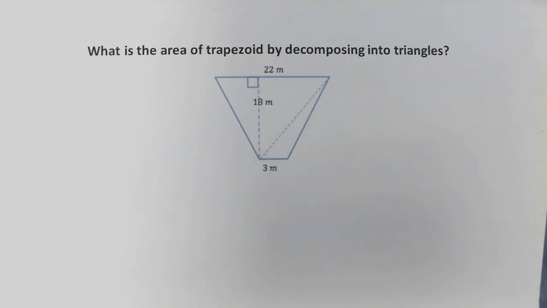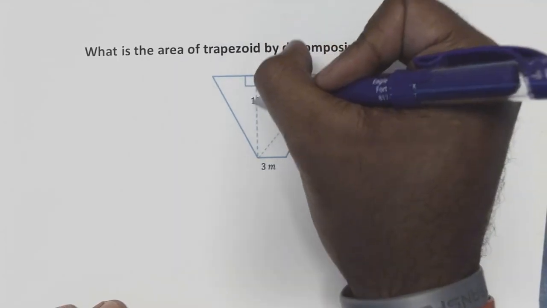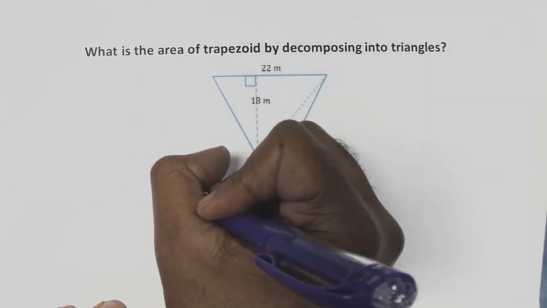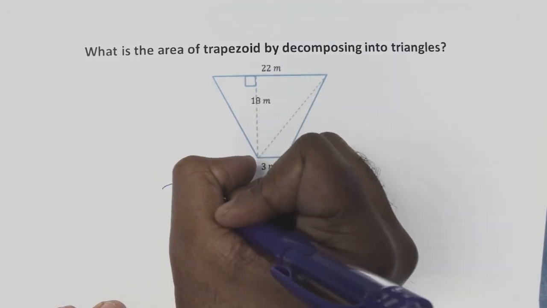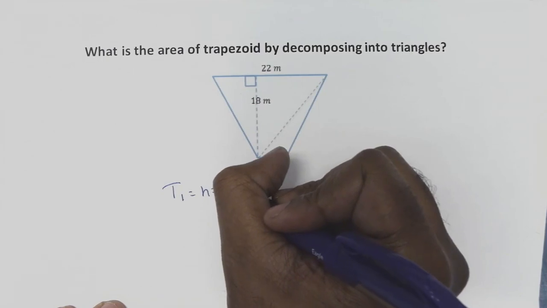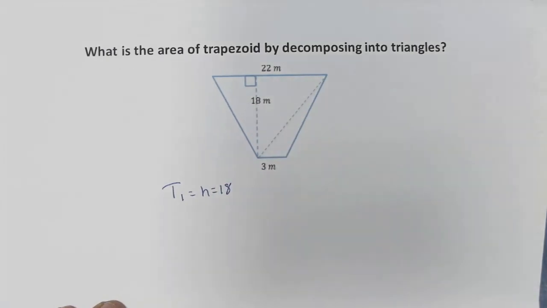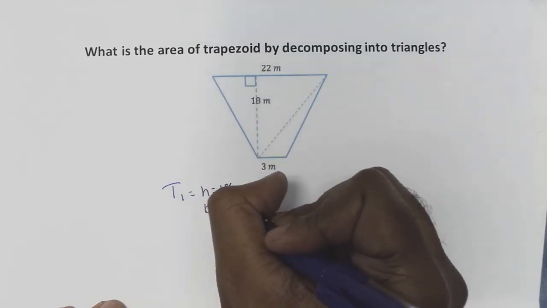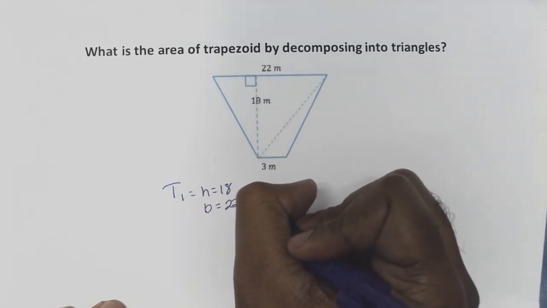Good, I heard Shannon say that the height of triangle 1 is 18. So I'm going to label this T1. And I know that my height is 18. Do I know my base? Good, I heard Tim say that the base is 22.